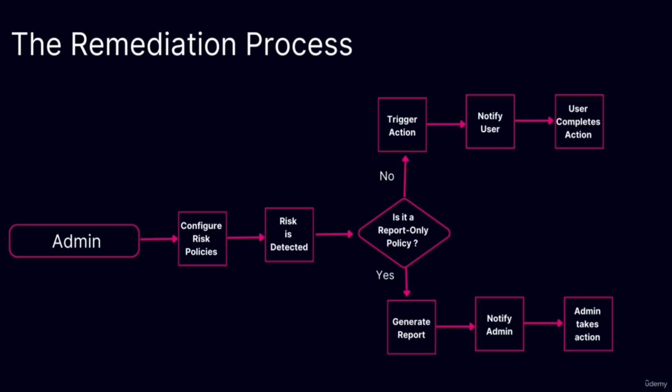So one method is more of an automated method, where it just triggers an action, and based on the end user's activity, the user will be granted access. The other one is more of a manual method, where it is not really triggering an action. In other words, even though a risk is detected, the user is actually able to sign in, and the admin only gets a notification.